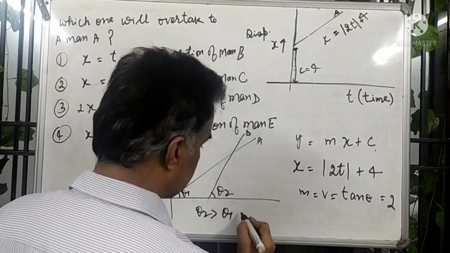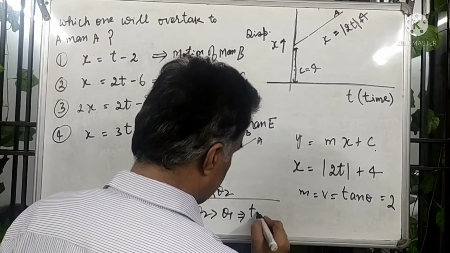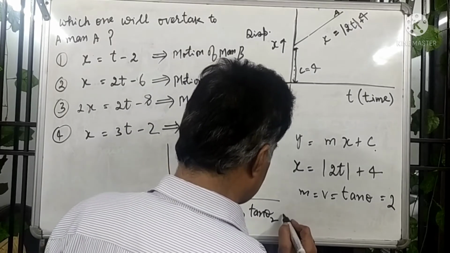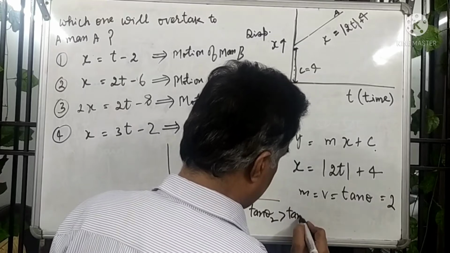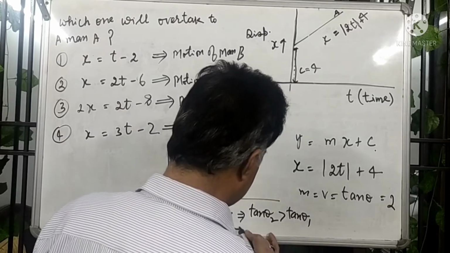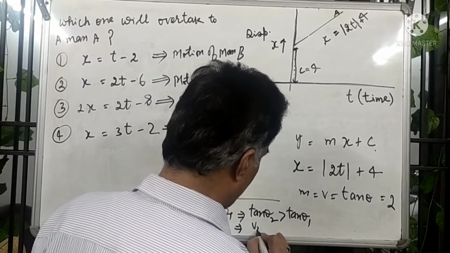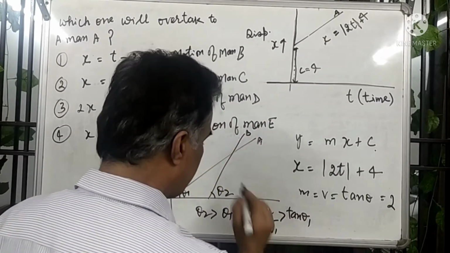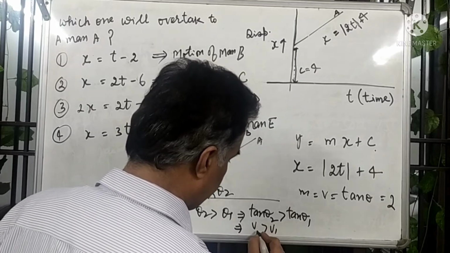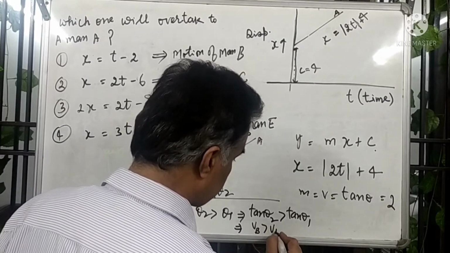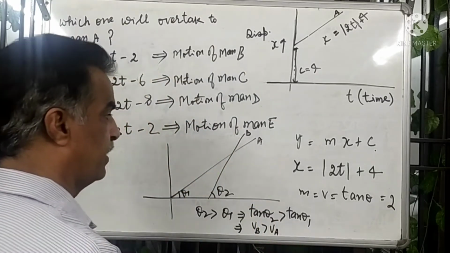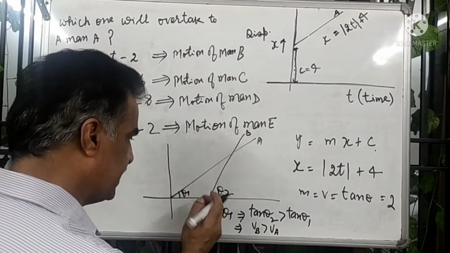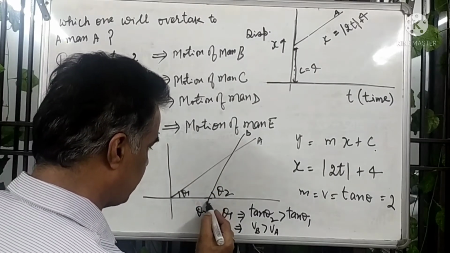So tan theta 2 is greater than tan theta 1, which implies V2 is more than V1, that is, the velocity of B is greater than A. So man B starts running after some time, let us say time t naught.